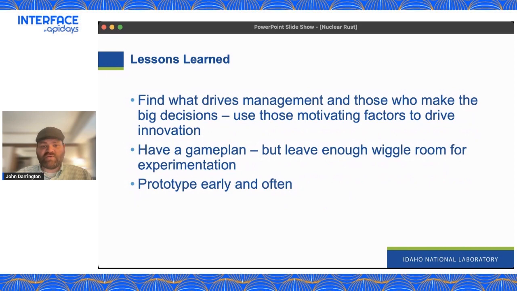But most importantly, when you're dealing with new technology and new paradigms, you need to prototype early and often. The quickest way you can find out whether or not something is going to work for you is to prototype it. Get out there, get your hands dirty, build something that can take you onto the next level of your tech. That is the end of my presentation.